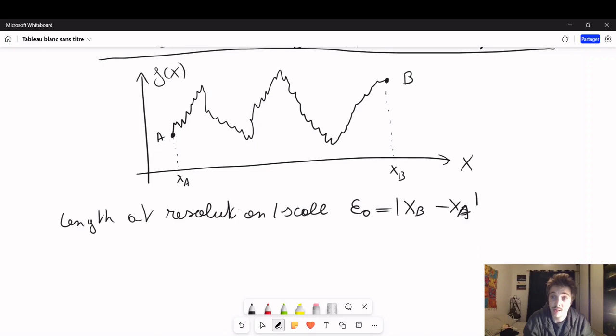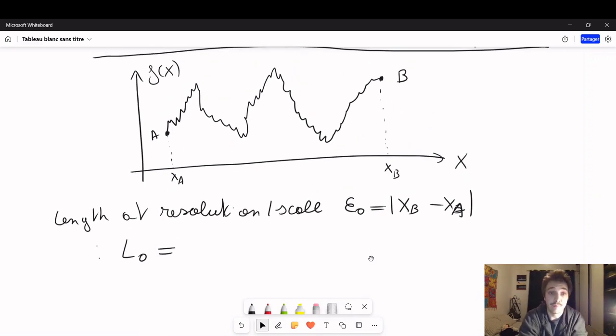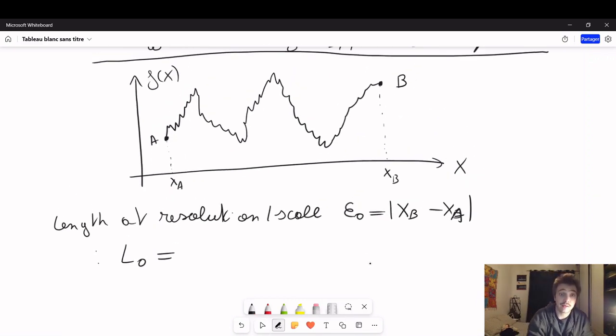Okay, xb minus xa. What will be the definition of the length at that resolution, at that scale? It's going to be simply the length of the segment joining A and B. This.